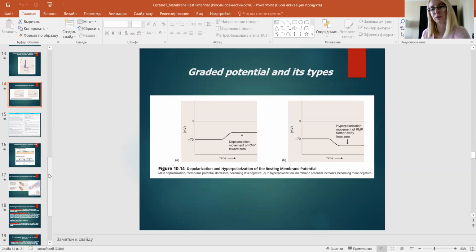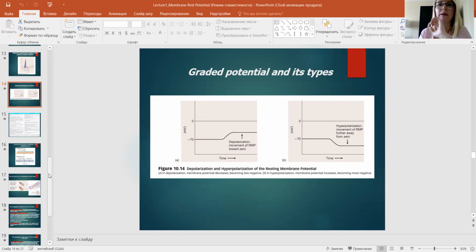And if you compare it to action potential, it works according to the all or none principle. Graded potential can spread over the cell membrane and always remains local. It's the second difference between action potential and graded potential. Graded potential can be summed up in two ways. The first way is called the temporal summation.